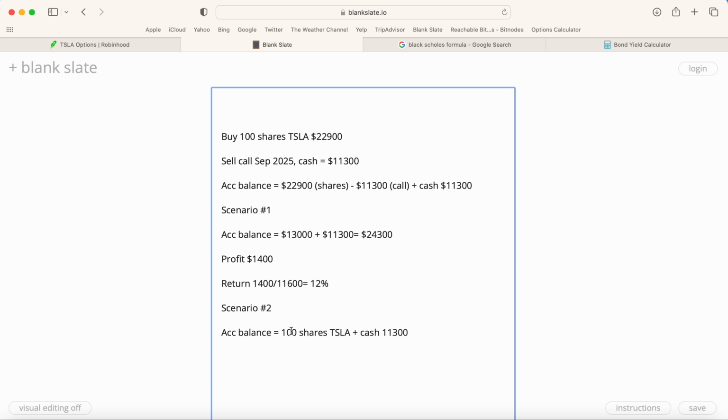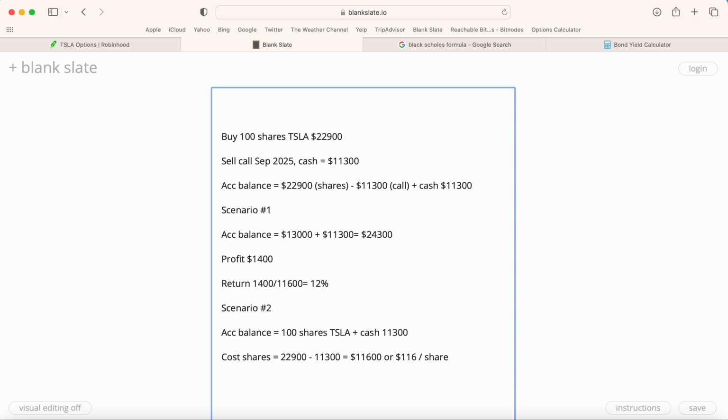In other words, what is our cost position for these 100 shares? Well, the cost of those shares is $22,900 minus $11,300, or $11,600 for 100 shares, or $116 per share.